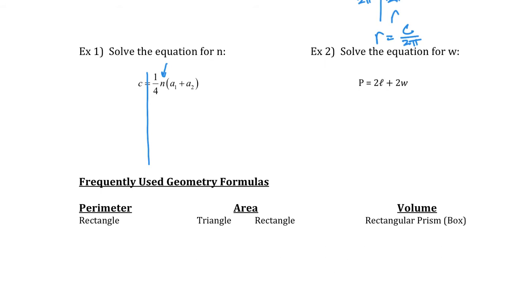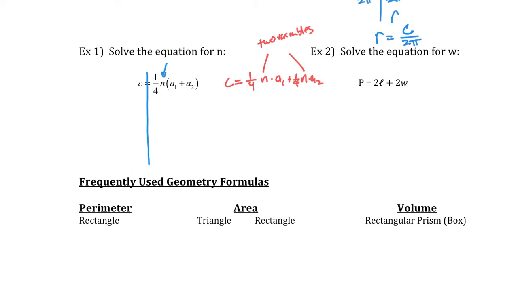Here's why. In this particular case, if I were to use distributive property, my equation would look like this. C equals 1/4 n times a1 plus 1/4 n times a2. I've now given myself two variables. Remember, we're trying to solve for a variable.